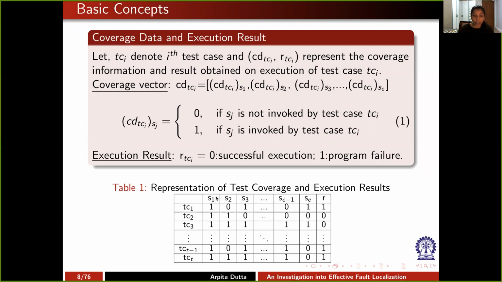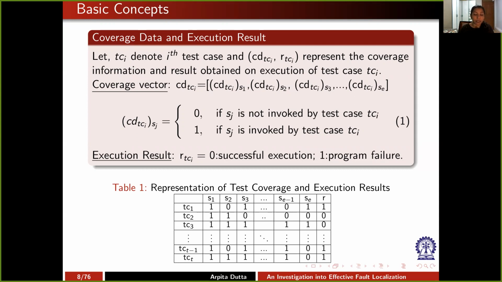These columns represent the statements and the rows represent the test cases. This cell shows that statement 1 is covered by test case 1, and here we see that statement e minus 1 is not covered by test case 2. The last column shows the test case result, whether the test case passes or fails.